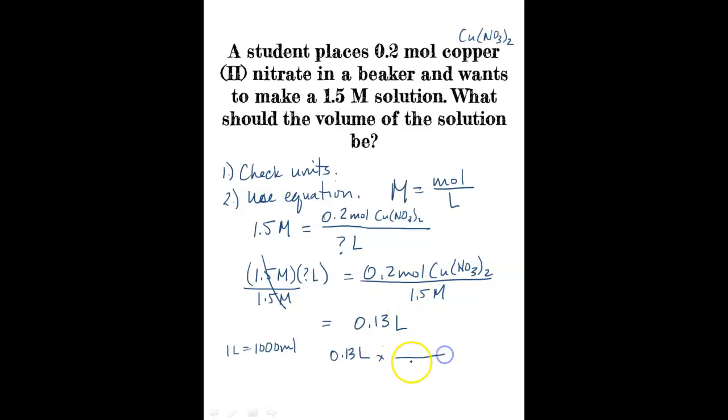So I can put 1 liter on the bottom, 1,000 milliliters on the top, and I get the answer of 130 milliliters of solution. That means that I'm putting 0.2 moles of copper nitrate in there, and I need to fill it up to the 130 milliliter mark to get that 1.5 molar solution.